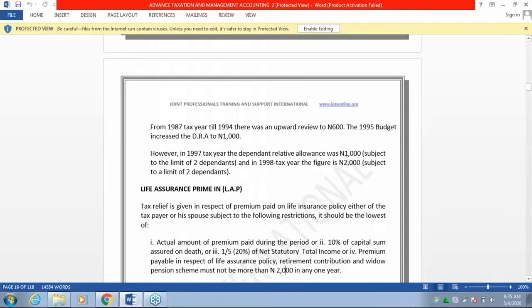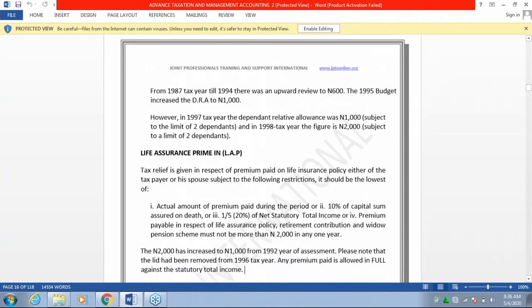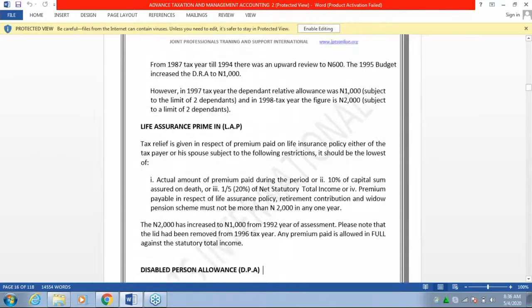Then the life assurance premium allowance, we call it LAP. Tax relief is given in respect of the premium paid on the life insurance policy, either of the taxpayer or his spouse, subject to the following restriction. It should be the lowest of: the actual amount of the premium paid during the period; 10% of the capital sum assured on death; and 1/3 of 20% of the net statutory total income.